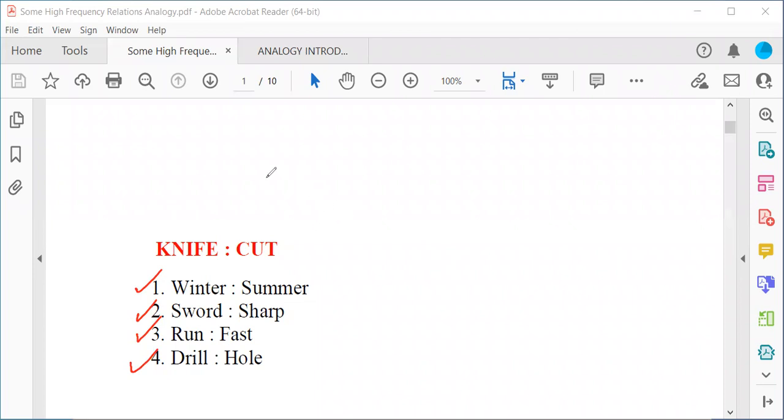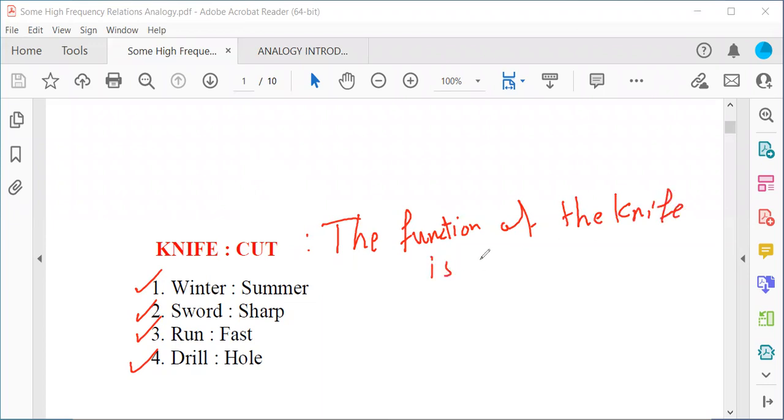Now, the first thing to do is to write the sentence, or the bridge sentence. The bridge sentence says here, the function of the knife is to cut, or is for cutting.